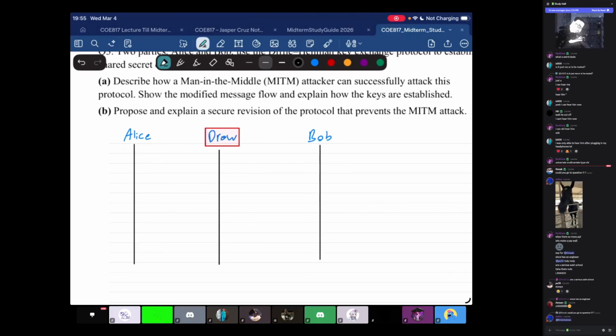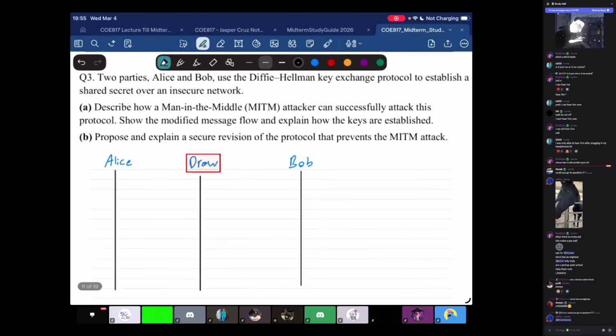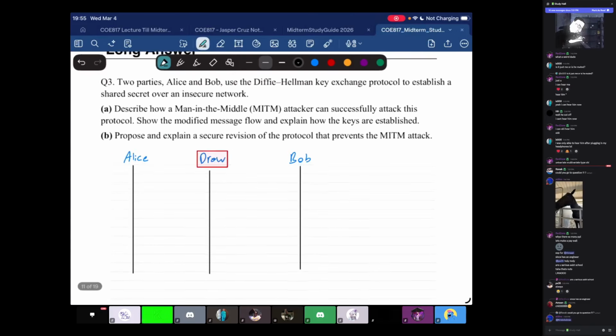First thing that is sent over, in this case we start with Alice initiating this communication. Any message sent by Alice, Drew is going to just grab that before Bob receives anything, and it will include a function or a message that is created with this kind of method.